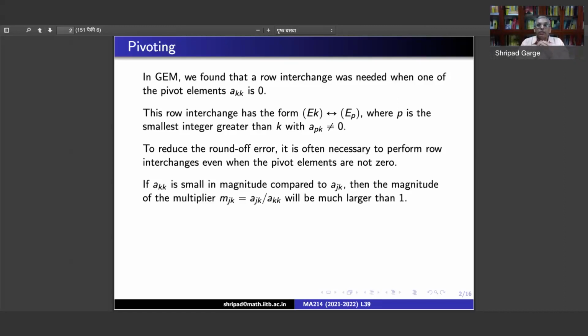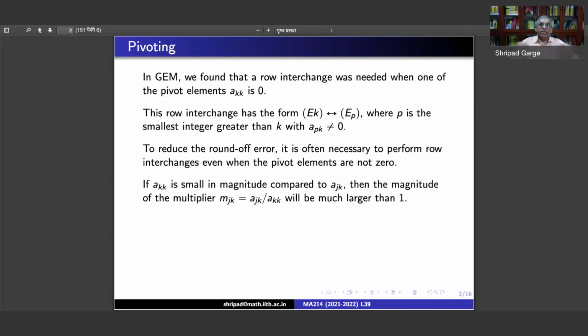This is what will happen, meaning suppose you start with AKK, the pivot element, it's not 0 but it's very small, and then there is an element below that in the same column somewhere which is comparatively quite big compared to this element AKK.